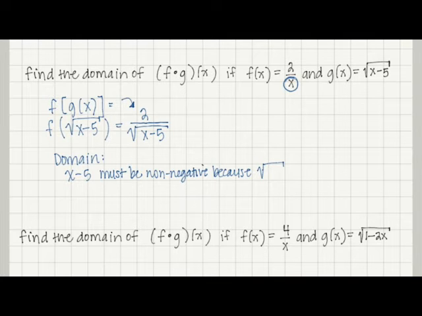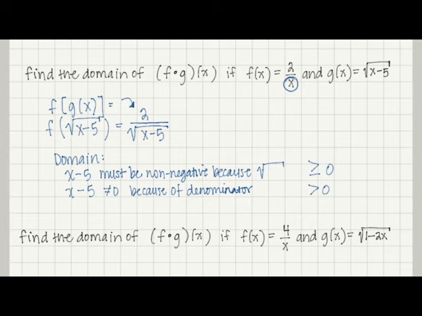The other thing is that the square root of x minus 5 is in the denominator. So x minus 5 cannot equal 0, and that's because of the denominator. So non-negative means greater than or equal to, but because it can't be equal to 0, it's just going to be greater than 0.